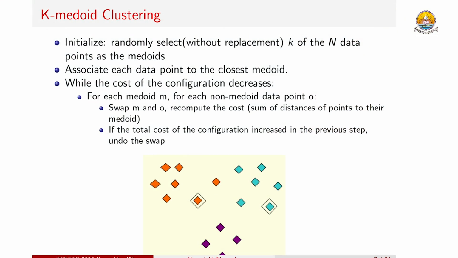So let me start with the basic version of K-Medoid clustering. As you all may be aware, any K-Medoid clustering starts with an initialization phase wherein it randomly selects k of the n data points, which we term medoids. Then, as per the Euclidean norm, we associate each data point to the closest medoid.